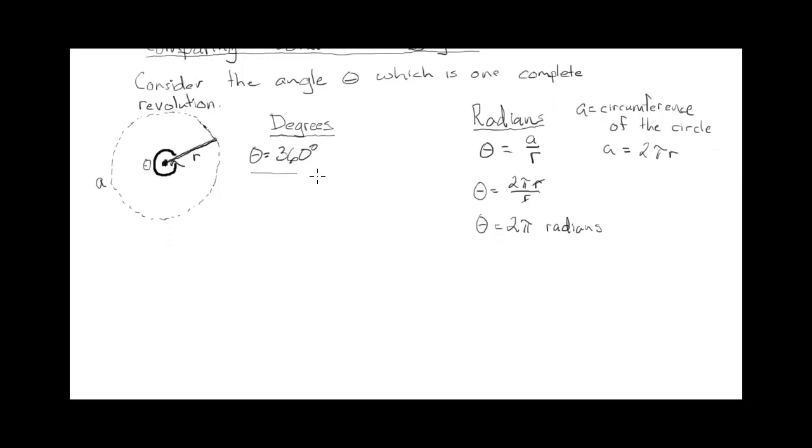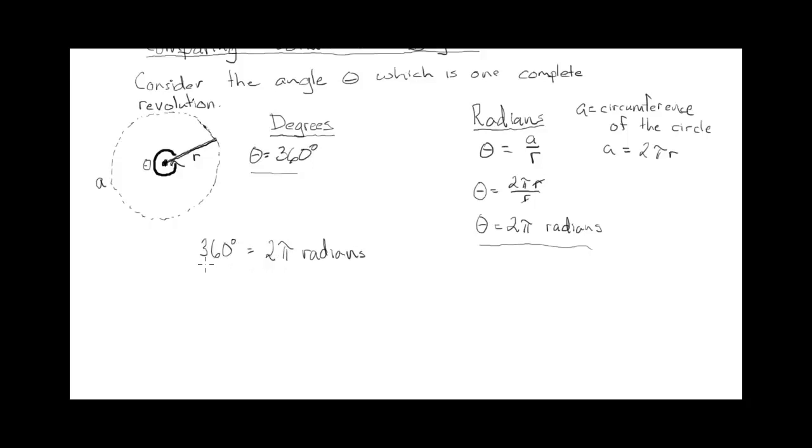So these two measurements are the same value of theta, but in different units. This gives us a way to relate these two units. So we know that an angle which is 360 degrees is equal to an angle which is 2 pi radians. This equation is the one we use to relate degrees to radians, although we can simplify it a little bit.